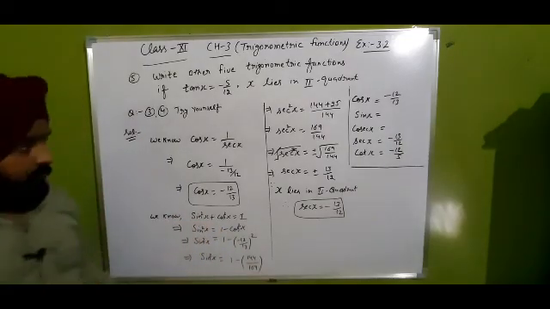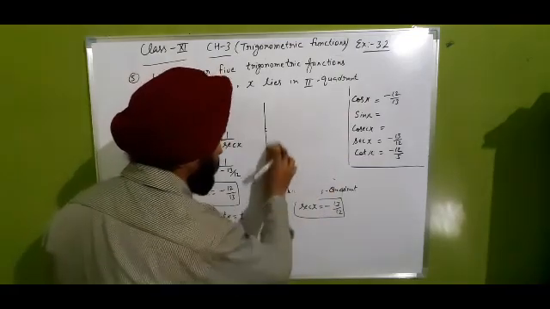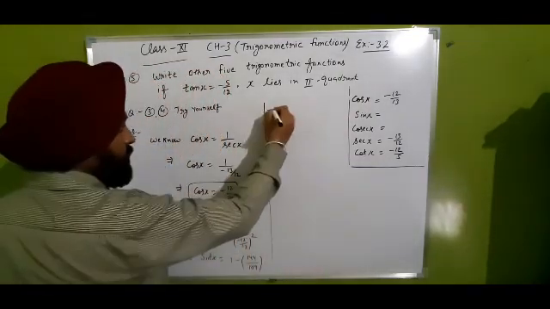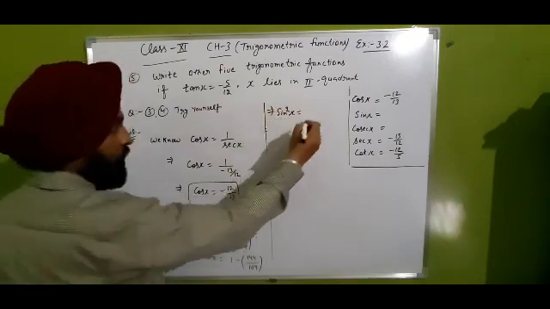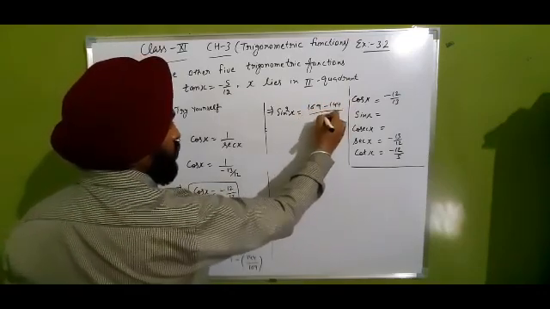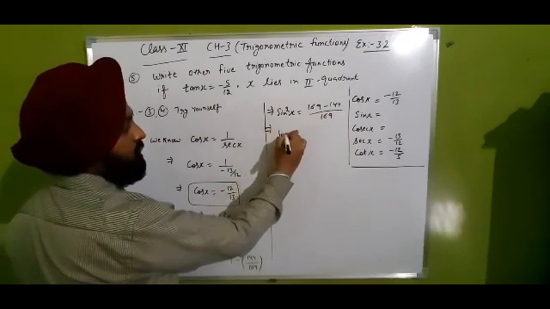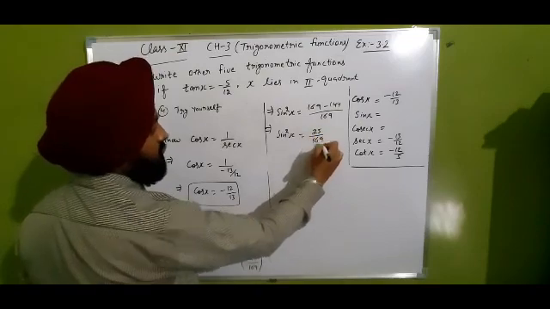Now in the next step you have to take the LCM. It implies sine square x is equal to 169 minus 144 over 169. So it implies sine square x is equal to 25 upon 169.